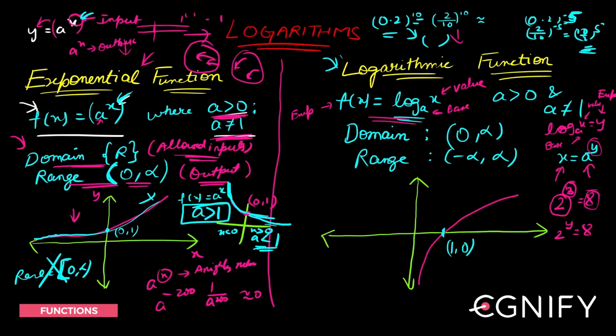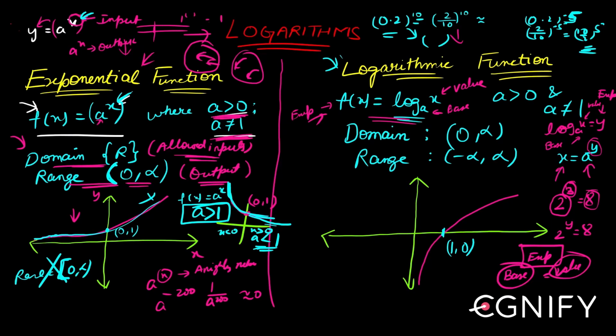So base power exponent is equal to value. So if I have value with me, if I have base with me, how do I find the exponent which will make this equation valid? That will be using this function called logarithmic function, right?